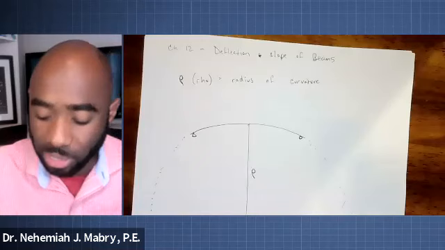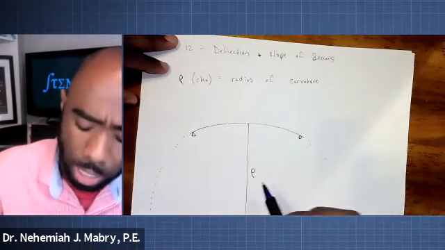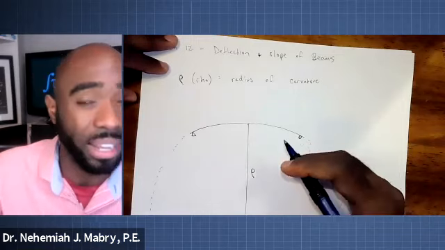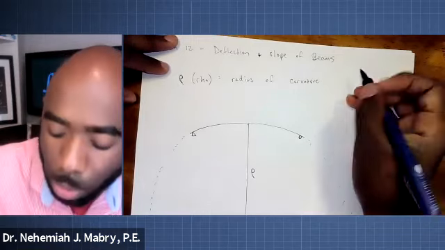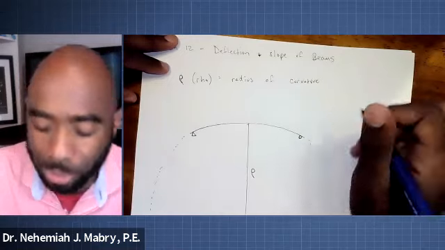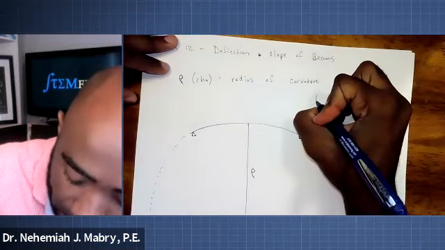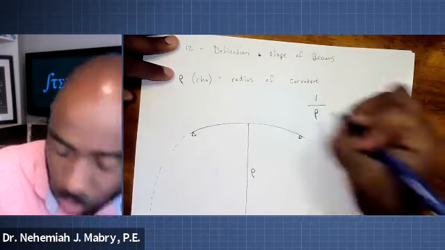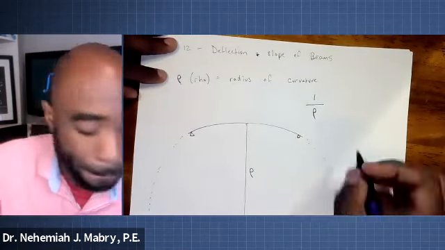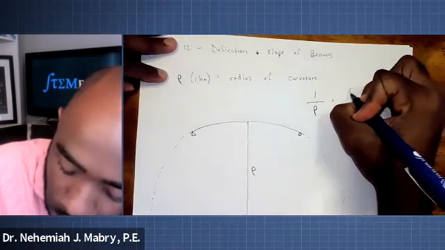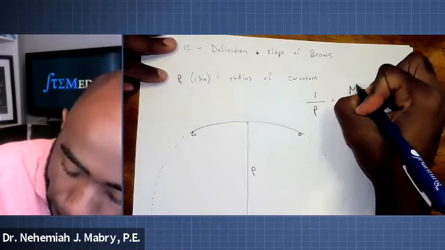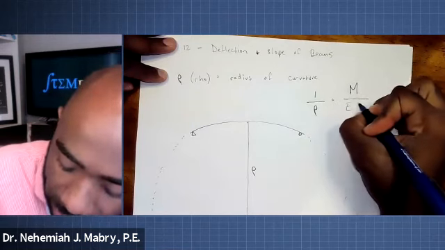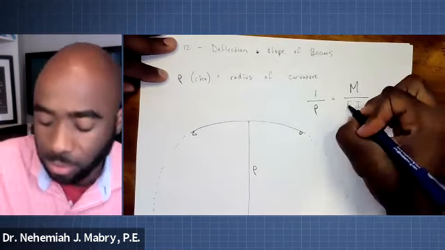And so there's a relationship I want to show you that correlates rho to the moment, the modulus of elasticity, and moment of inertia of a particular beam. And that relationship is as such: 1 over rho, which looks like a P sometimes when you write it, is equal to the moment over EI, right?